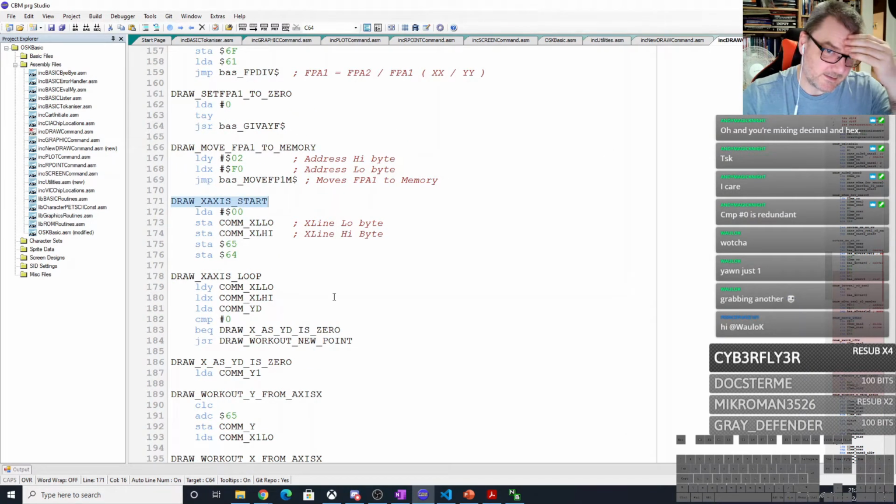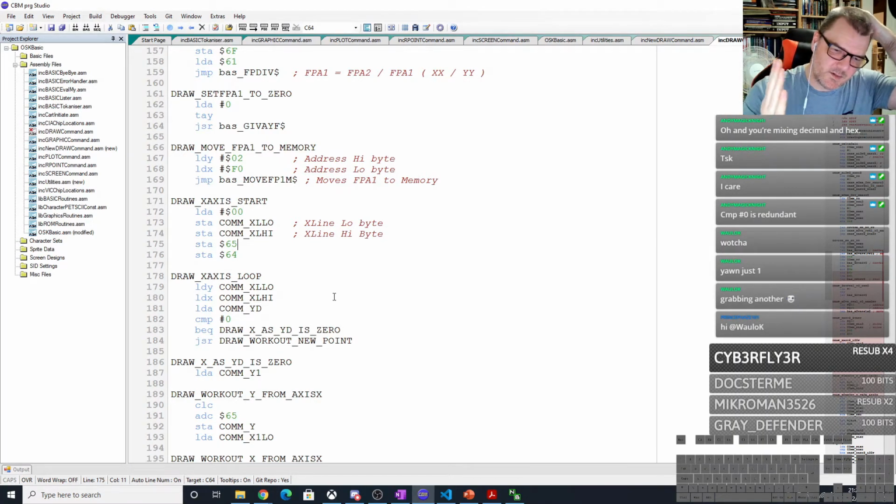Start drawing the x-axis. Okay, so our XL low and XL high will represent our delta that we're going to be running through. And then we add the delta, or subtract the delta, from x1.